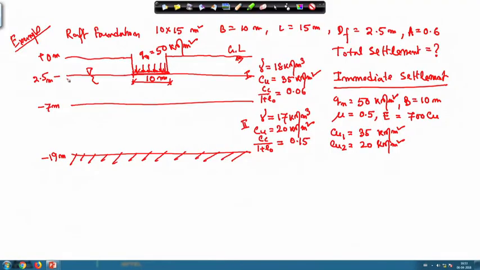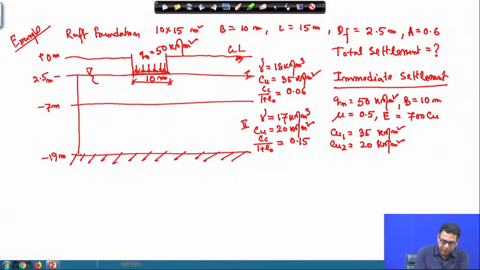But from the base of the footing, this distance is really 16.5 meter only. So that means we have to restrict this zone within 16.5 meter, because the bedrock is within the influence zone, and we are assuming that this bedrock material will not deform, so the deformation will be for the clay only.